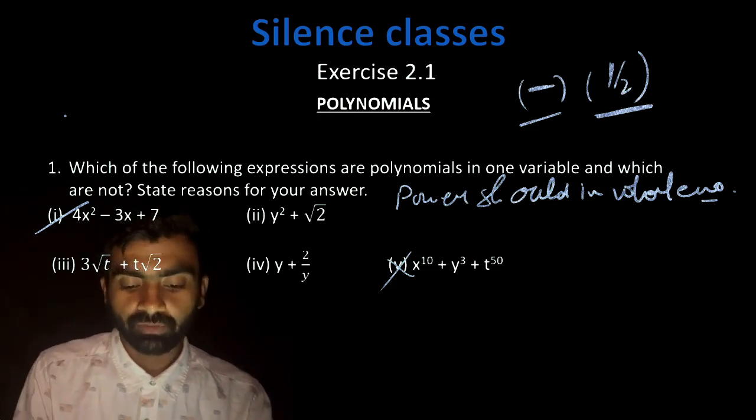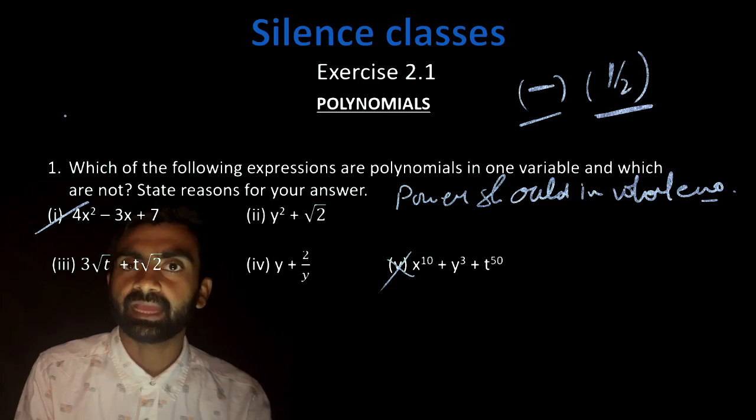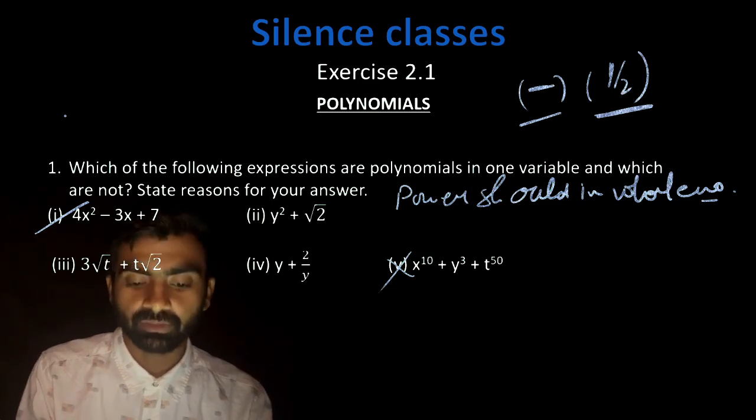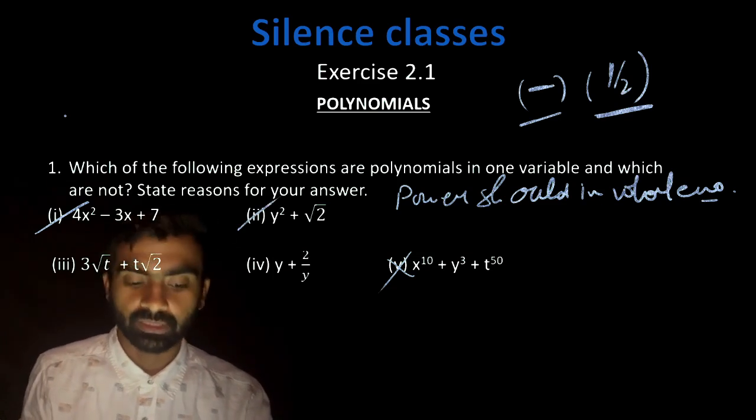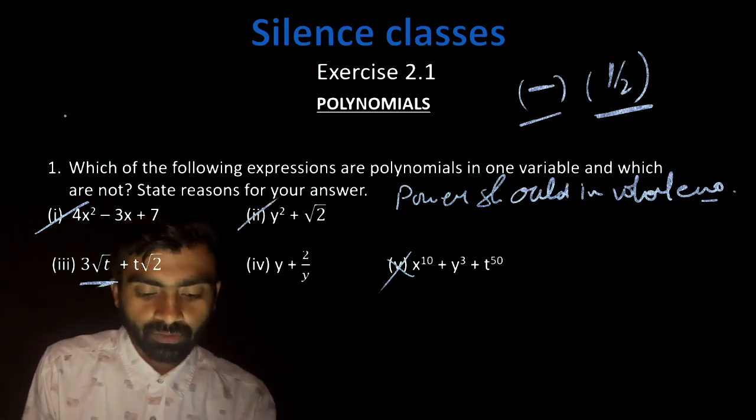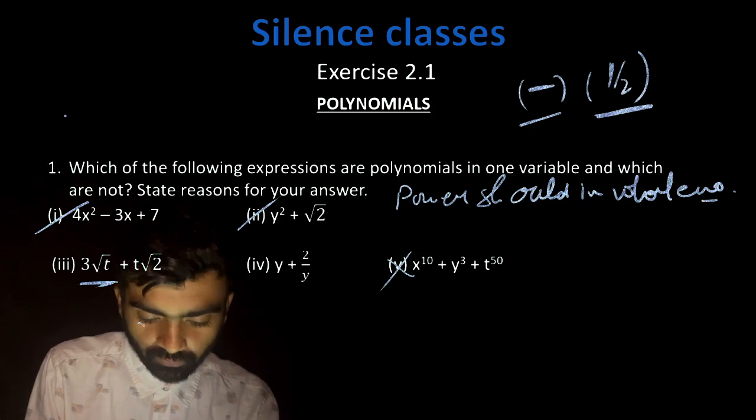Second one, if I check, the variable is y and only one variable is there, and the power is also a whole number, that is 2. Now let's move to the third one. Over here the variable is root t.